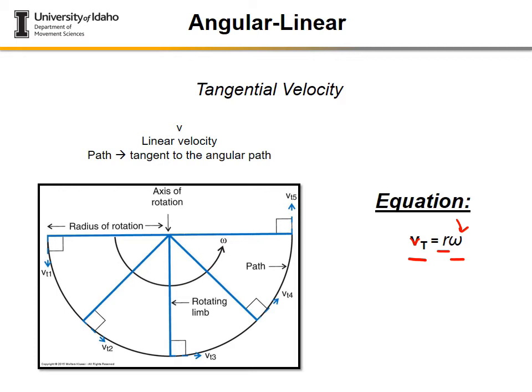If the angular velocity is the same, and I compared VT1 to VT1 sub 2, the tangential velocity of VT1 is greater than the tangential velocity of VT1 sub 2 because of the radius. Because they're going through the same angular rotation, the linear component is different.